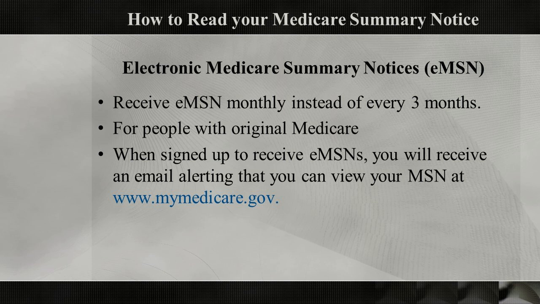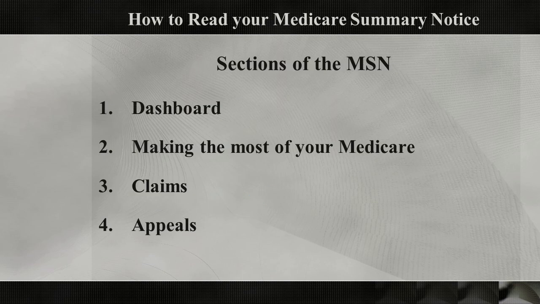So, let's start walking through the different sections included in every Medicare Summary Notice. Please note that in this training, we will use a Medicare Part B summary notice. Also note that Medicare Part A notices follow the same format and have the same sections and section headings as the examples used here.